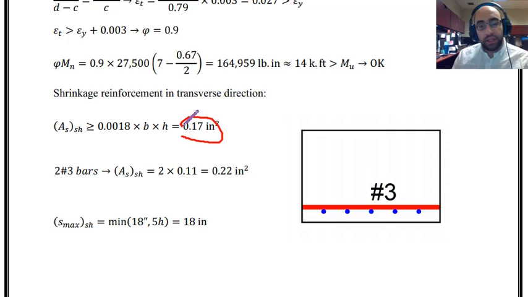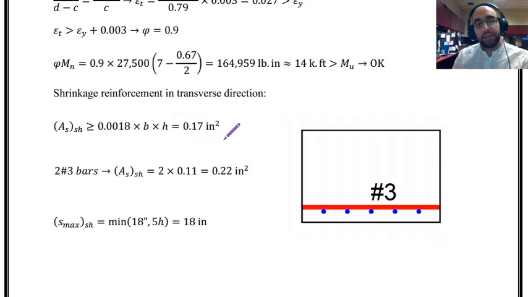The minimum was this, so I just want to go a little above that. So 2 number 3 bars is going to deliver the requirement, and each number 3 bar has 0.11 inches squared area. So 2 of those will satisfy what the code requires.